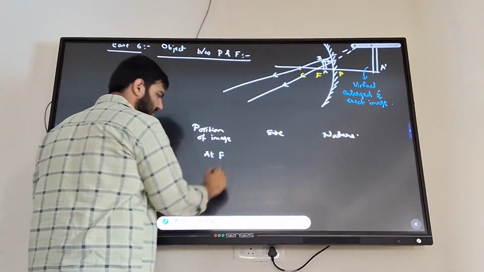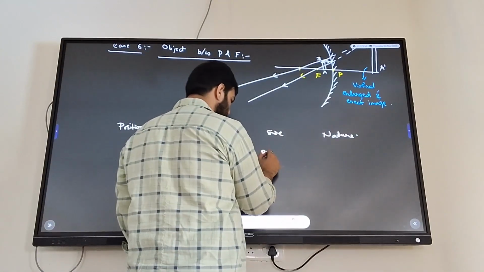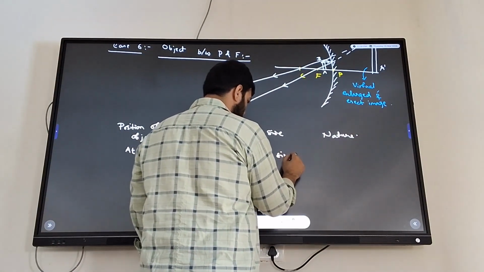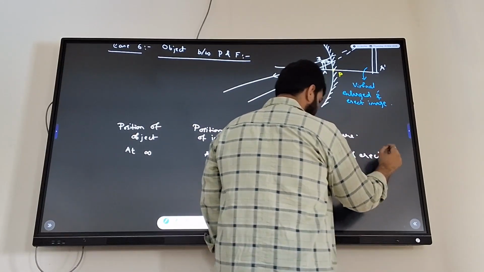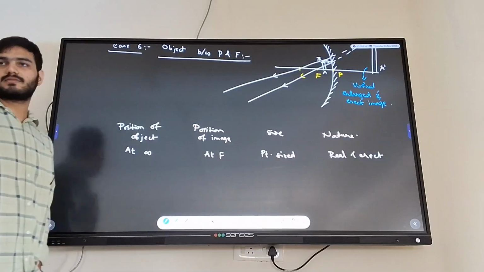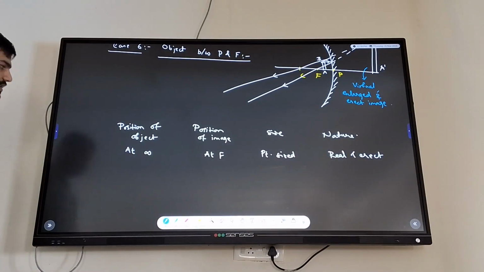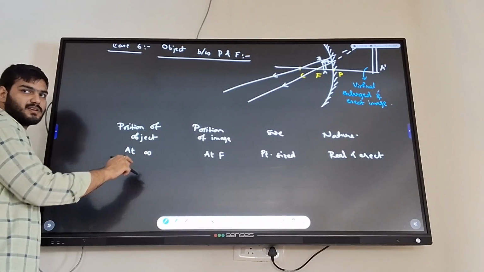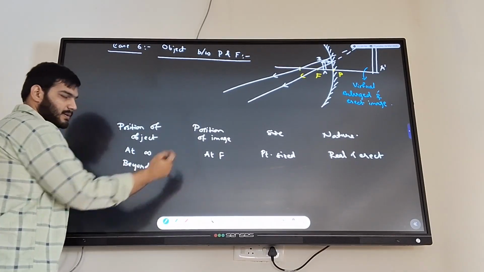What was the size that we found? When we find it's point size, right? And real. When I go closer, beyond C, then where did I find my image?